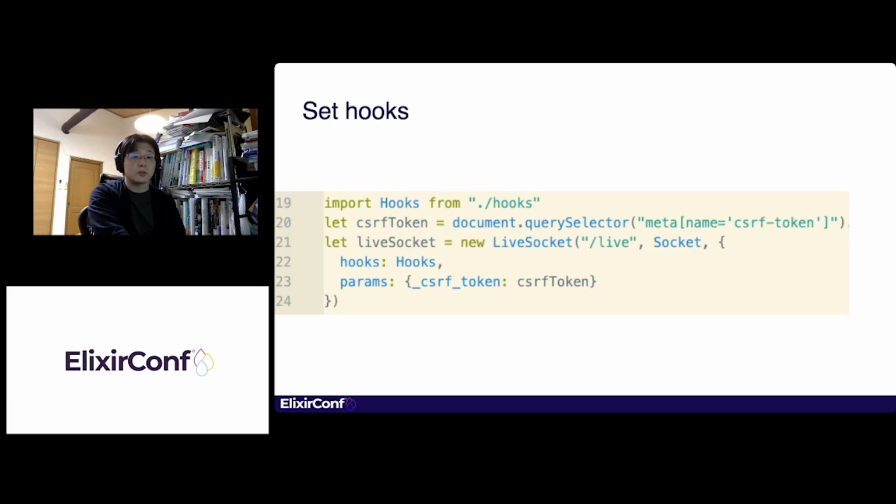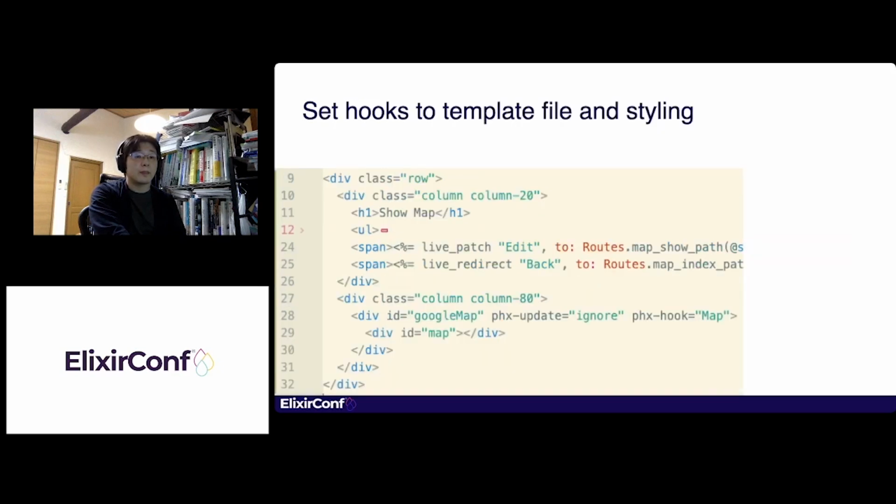Set hooks. Import the hook and set the socket parameter. Now set the hooks to be ignored on updates. For things drawn by JS, like SVG on canvas, set ignore so that it will not be changed by LiveView.